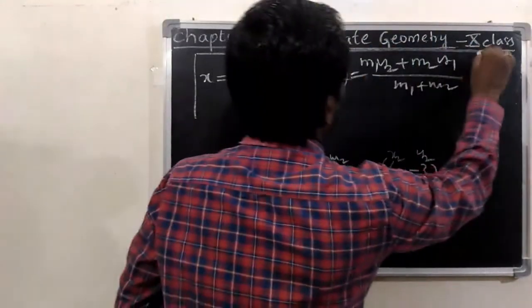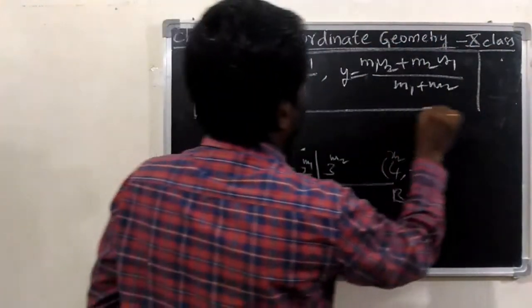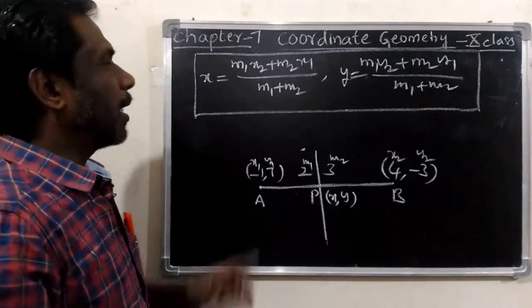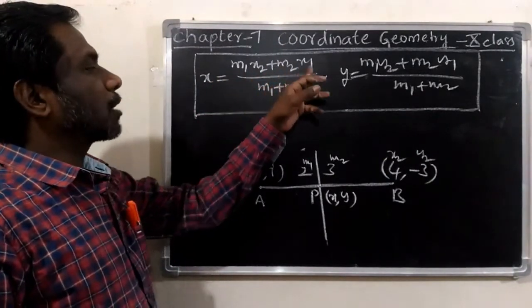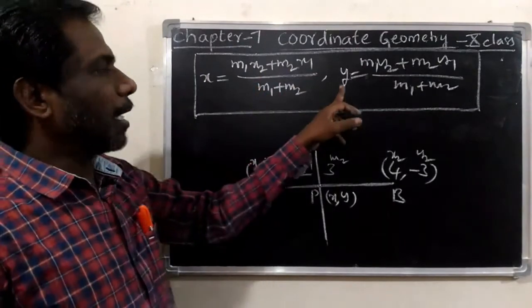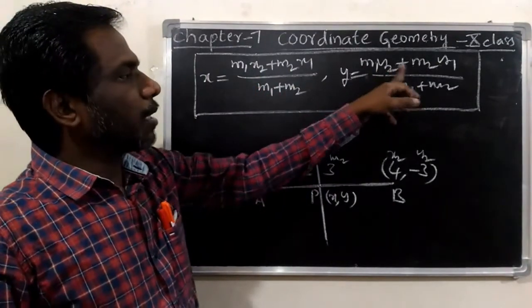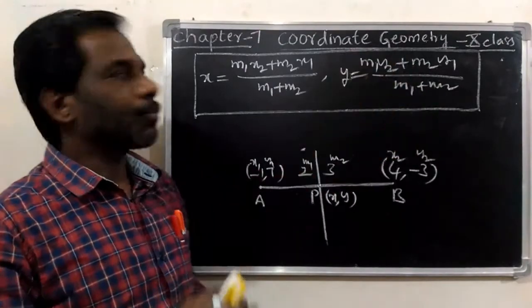This is the section formula. To find the x coordinate, use m1 x2 plus m2 x1 by m1 plus m2. To find the y coordinate, m1 y2 plus m2 y1 by m1 plus m2.